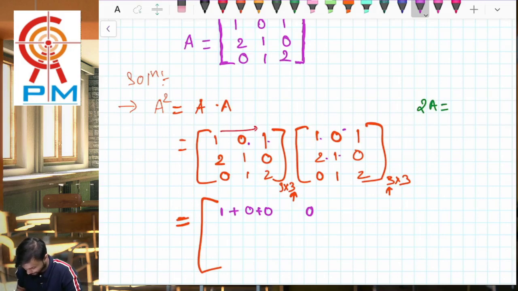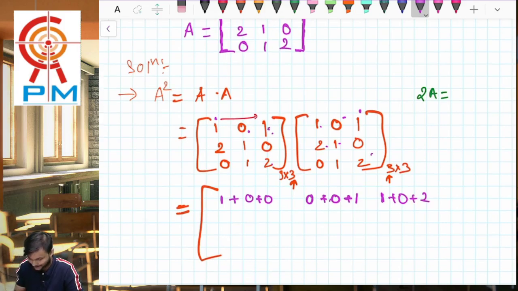Again 0 has been multiplied by 1, it will give me 0, and 1 has been multiplied by 1, so it will give me 1. Very nice. Then finally this one is going to get multiplied with this one for the third element of the first row. Then 0 is multiplied by 0, so it will give me 0, and 1 has been multiplied by 2, it will give me 2. And that is my first row. Voila.